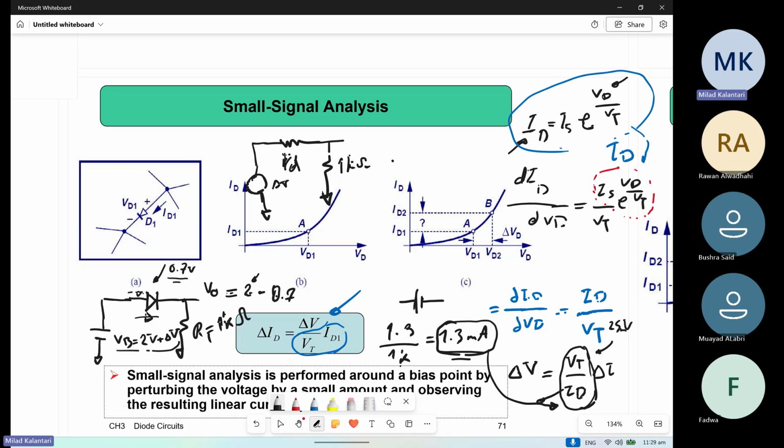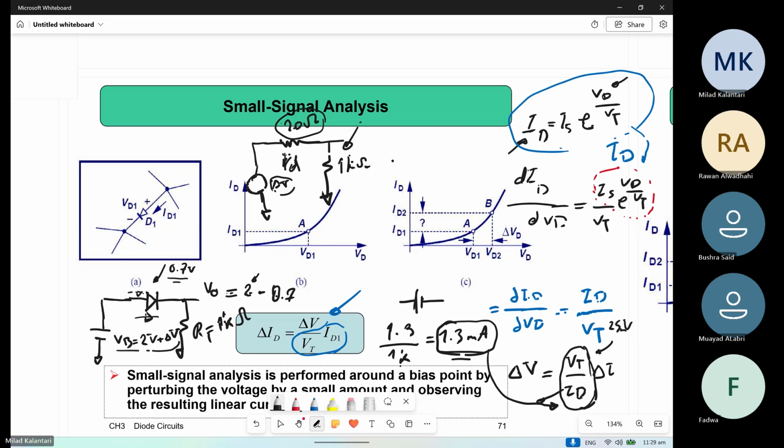Basically, the diode here is something around 20 ohm, right? Once you have a small variation at the input, there is a voltage divider between this 20 ohm and this 1 kilo ohm, if you want to be more precise.